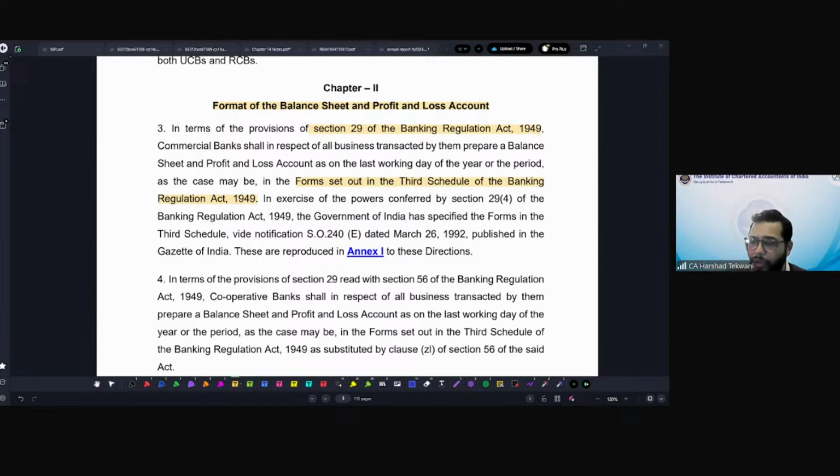It will have impact on the reporting side also, but not that much compared to the proper reporting that is being given in the third schedule or the master directions.